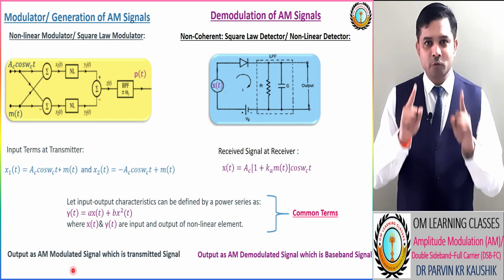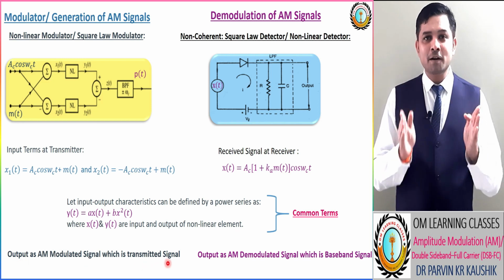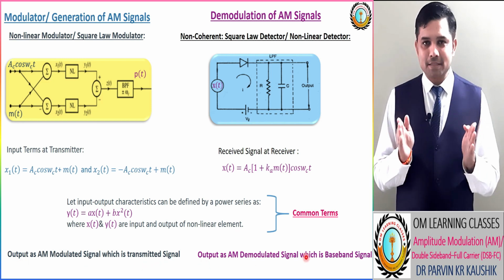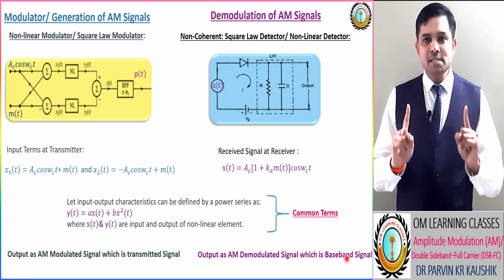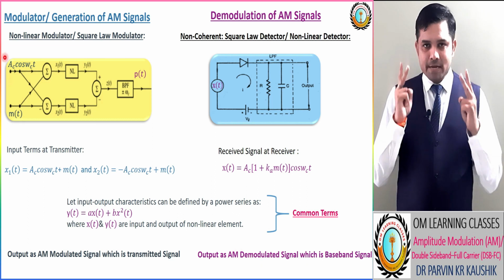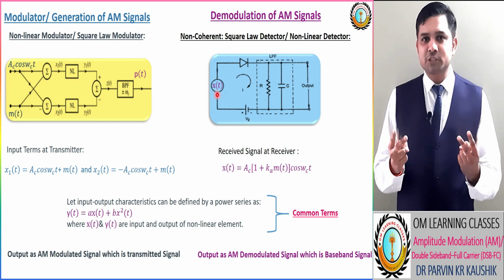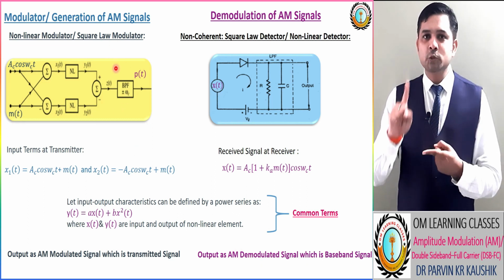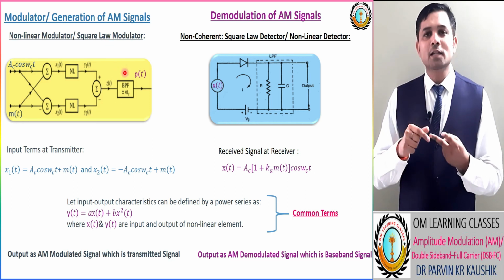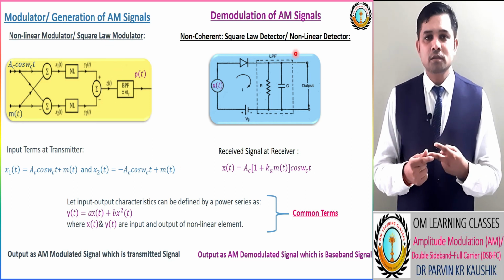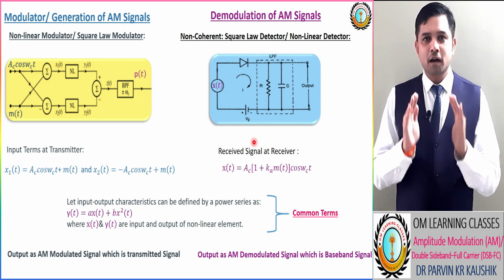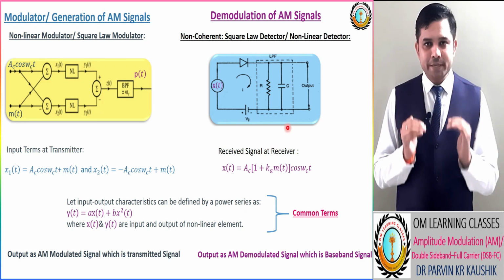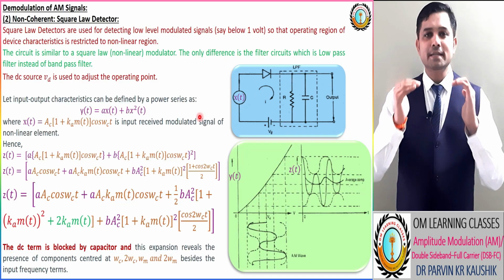In the demodulator we want to recover our baseband or message signal. As per the working principle, we have a change at the input end, and according to the filtering action, the band pass filter is utilized in the modulator and the low pass filter is utilized in the demodulator. So be confident about scalar modulator and scalar demodulator.